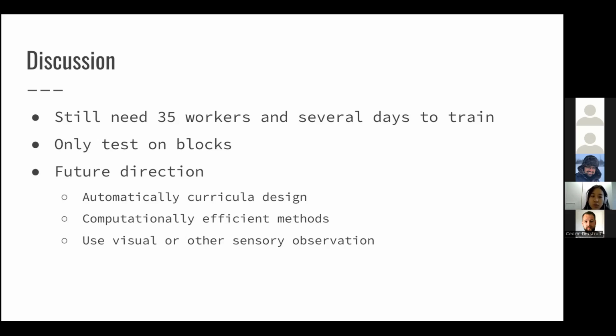And also we can see that it still needs many workers and much time and also memory to train the policy. So the third possible direction is to try to find some computationally efficient method.